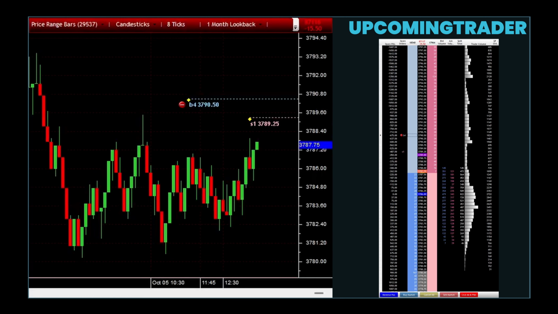In summary, windows or gaps in price charts are important technical analysis tools that can indicate shifts in market sentiment. However, traders should be aware of their limitations and use them alongside other analysis methods to make informed decisions.